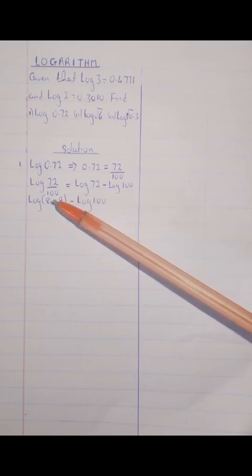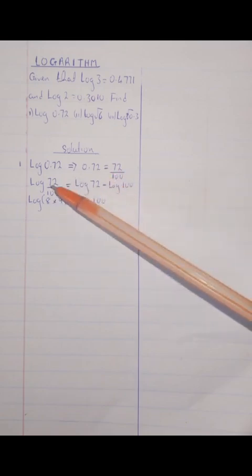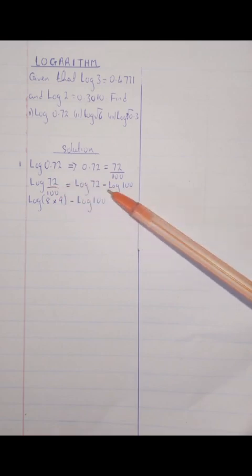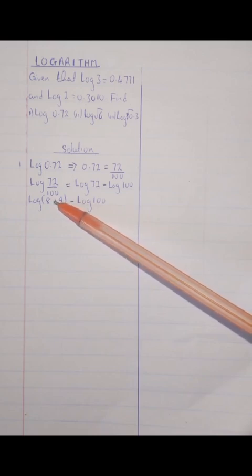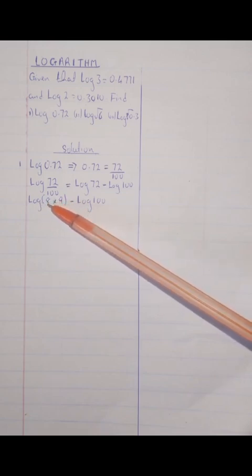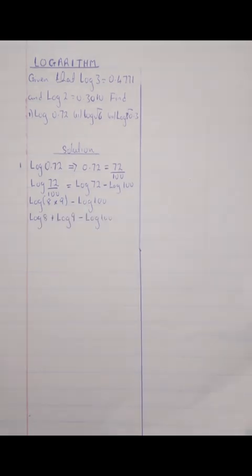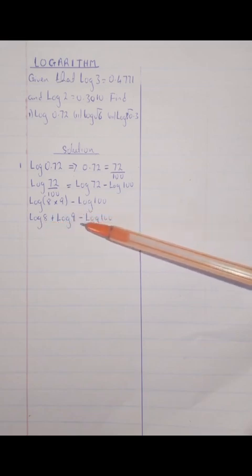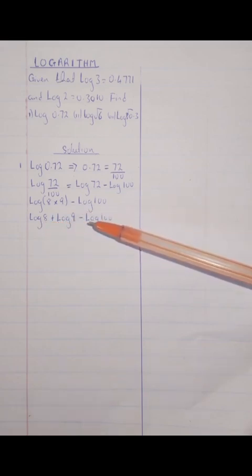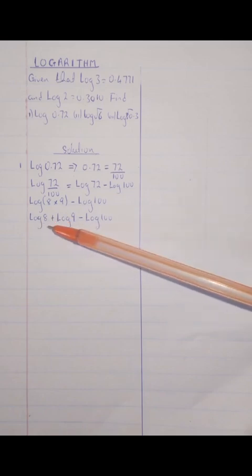For division, we subtract, but for multiplication, we add. So we change this to log 8 plus log 9, and we would be having log 8 plus log 9 minus log 100. Hope you are getting the steps clearly.